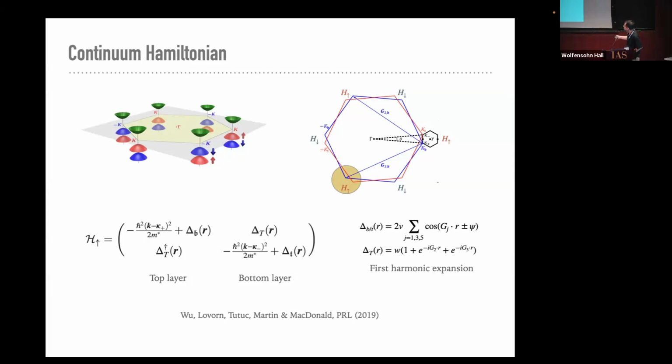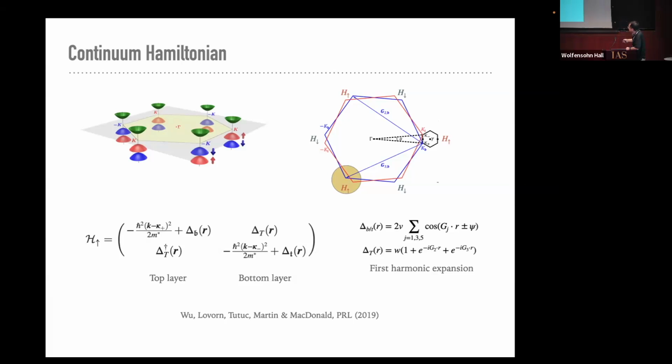Once you do that, you can very easily write down the form of the Hamiltonian. You can see that for the top and the bottom layer, it can be written in terms of a Fourier expansion in terms of the reciprocal moiré wave vectors. This is the intralayer moiré potential, and this is the interlayer moiré potential.